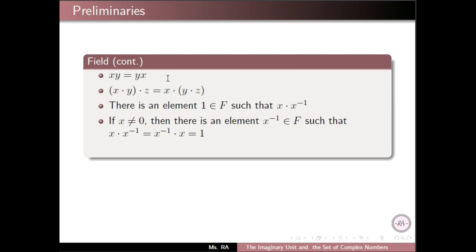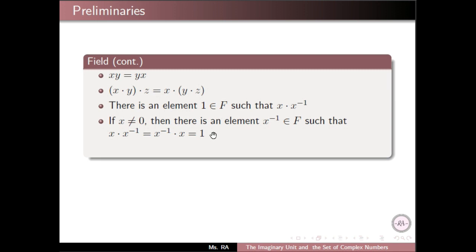So we have commutativity of multiplication, we have associativity, and then there's also a so-called multiplicative identity. And then for the fourth property, we're gonna use this property twice later on with our proof.